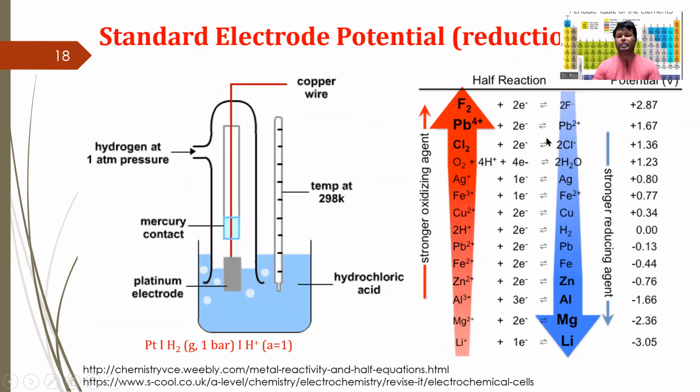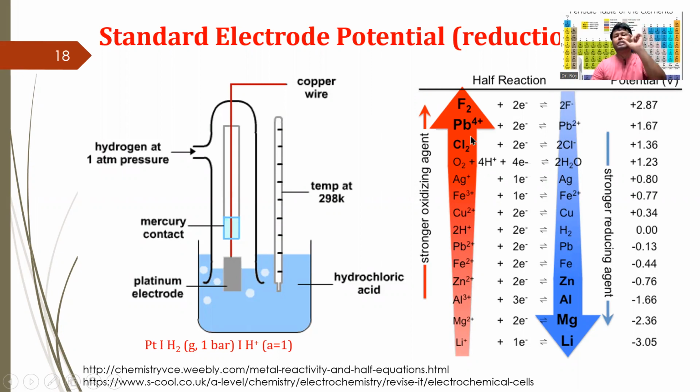That means species in this part of the series will accept electrons faster than any other. If we have two different metal ions, copper 2 plus and iron 3 plus, then iron 3 plus will have the tendency to gain electrons faster compared to copper 2 plus. So that is the standard electrode potential for any metal, element or substance.